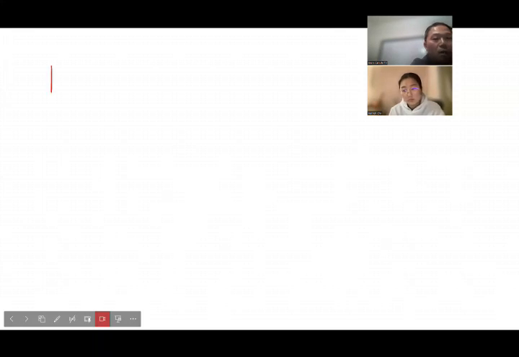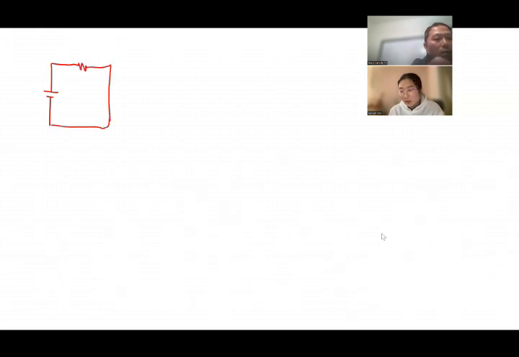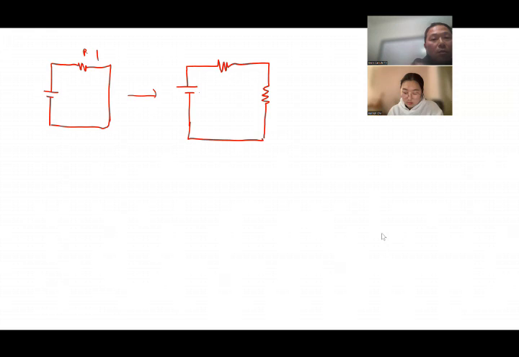Now the condition is that you have an EMF and one resistance R1, and now you suddenly add one additional resistance. This is now V, and you can think of this one as V1, and when you add the second resistance, this one is V2.